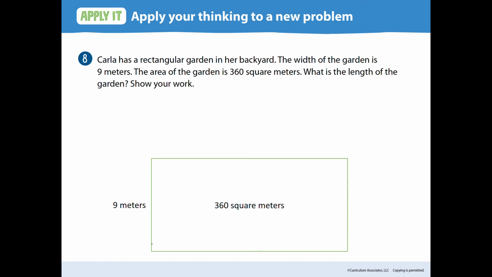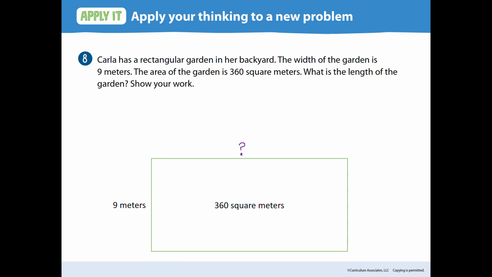And we know that the width is 9 meters. So it's 9 1-meter rows. What we need to find is the length. So here's what is the length of the garden. So this is the one that we don't know.